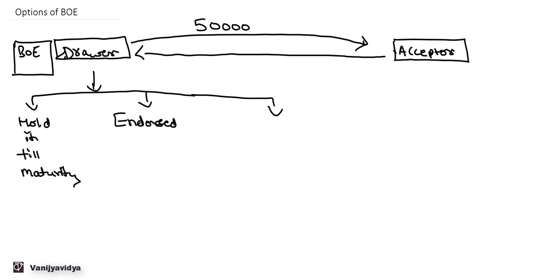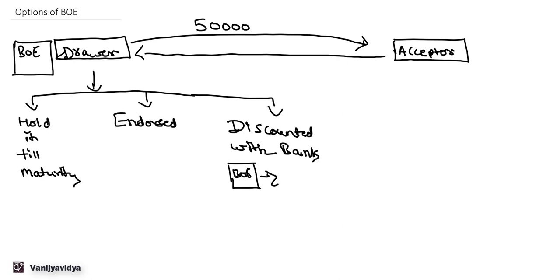So this can be endorsed to the third person, or if the drawer is in need of funds, it can be discounted with the bank. What the bank does is, it will take this bill of exchange, which is for 50,000 in this case, and let's assume the tenure is 2 months.